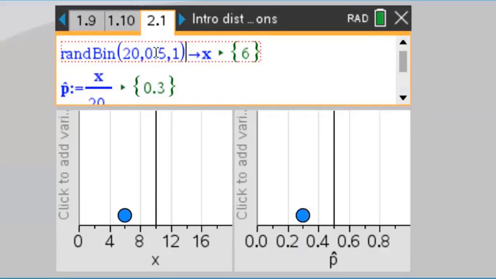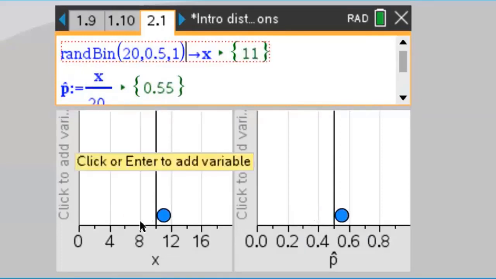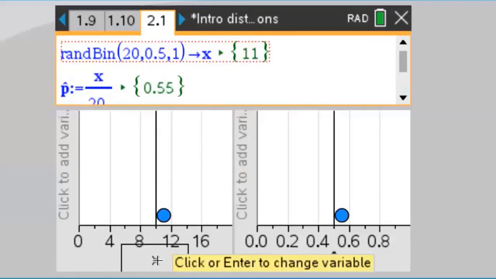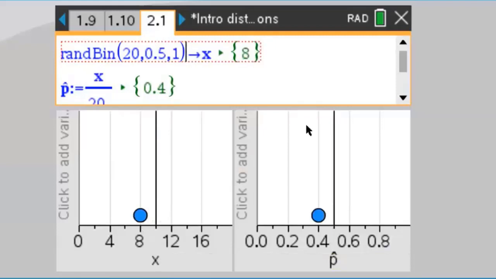So every time I hit enter, I select a different sample. And what we can see down the bottom here is that the number of successes and the corresponding sample proportion vary from sample to sample. So not only is the number of successes a random variable, but the sample proportion, p hat, also is a random variable.